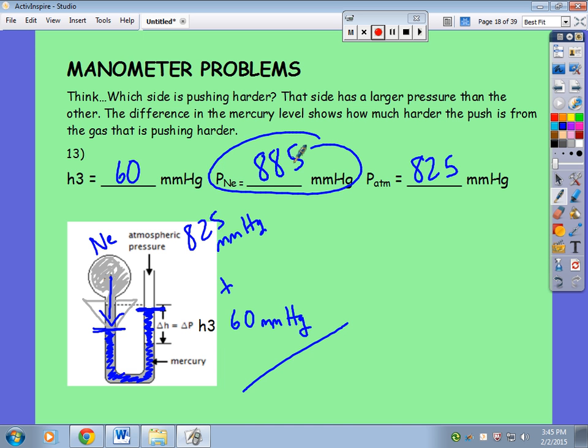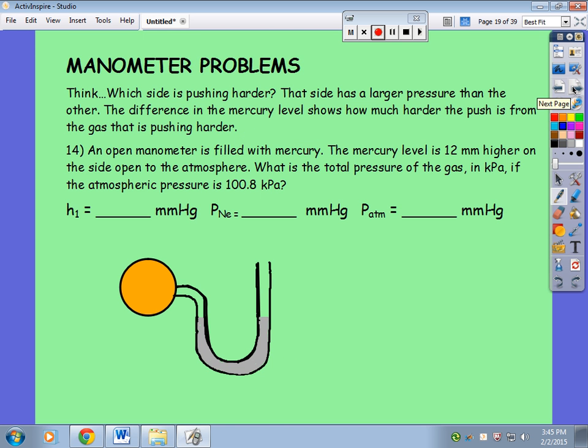All right, let's do another one. Let's do one where you have to draw it. I have an open manometer, it's filled with mercury. So that's what I assume it would look like right there in front of me. The mercury level is 12 millimeters higher on the side open to the atmosphere. So I'm going to take this and put it 12 millimeters higher. Not the same color, but hey, you get it.